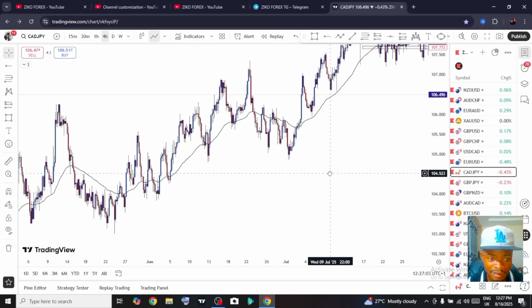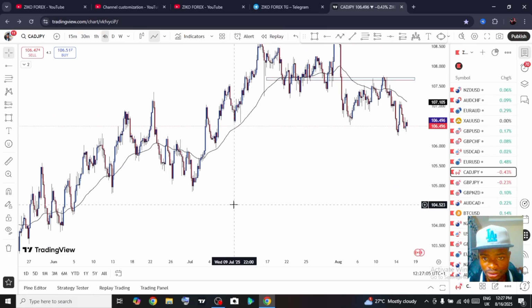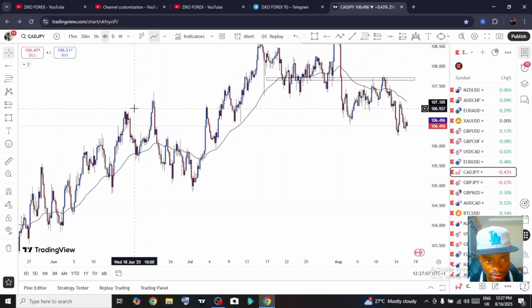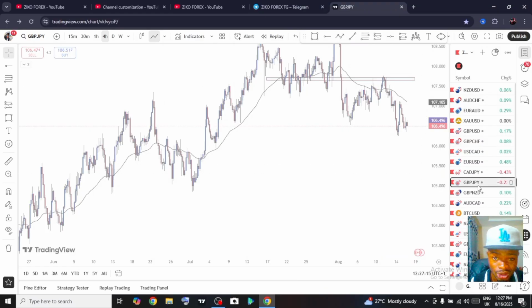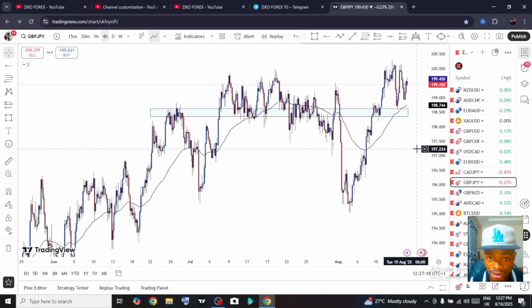If I'm going to be taking any trade on these pairs, it looks like I'm going to be forcing it, because even the area of interest on the 4-hour, I'm looking for 4-hour area of interest. I can barely even see it. Don't worry, I'm not interested in this pair. Let's go to the next one.